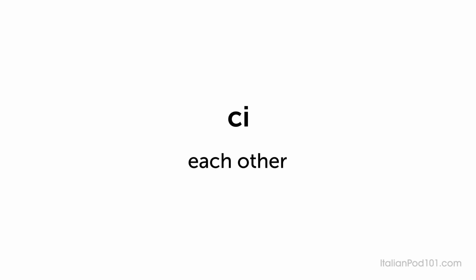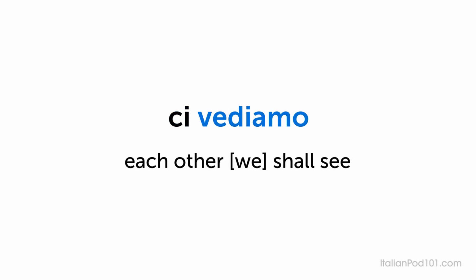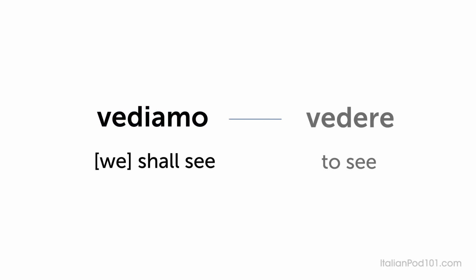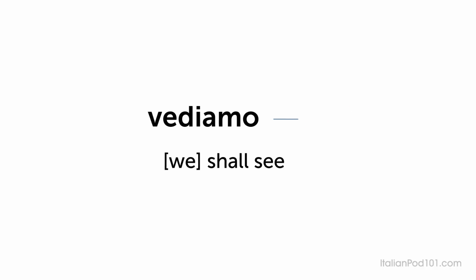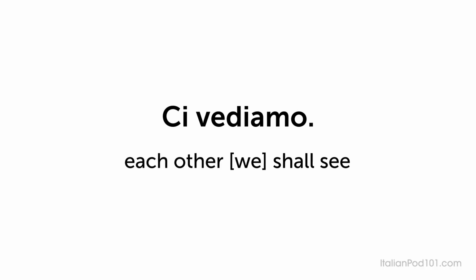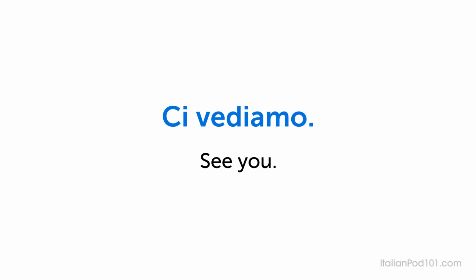After this is Vediamo, we shall see. Vediamo is from the verb Vedere, meaning to see. Together Ci vediamo literally means each other we shall see, but translates as see you.